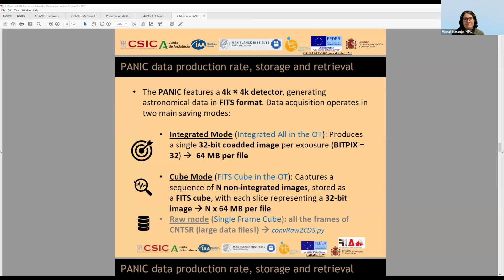And then related to that, does PANIC have a related cube that holds all the timing information for those exposures? Good question.